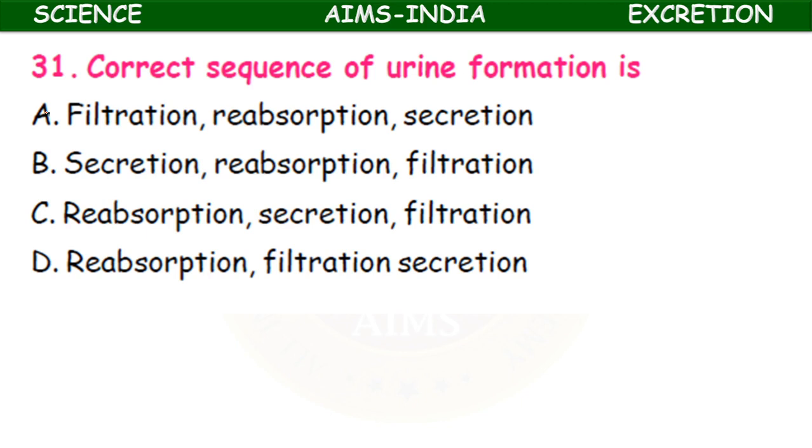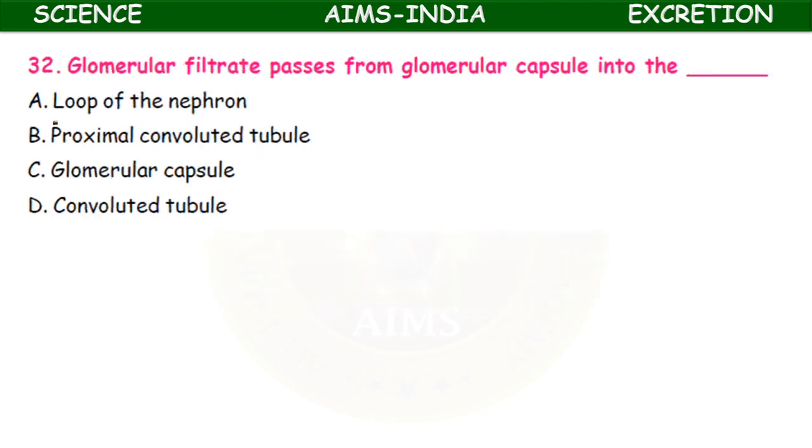Okay, the correct sequence of urine formation: filtration, reabsorption, secretion; secretion, reabsorption, filtration; reabsorption, secretion, filtration; reabsorption, filtration, secretion. It is option A. First filtration, then reabsorption, then secretion.